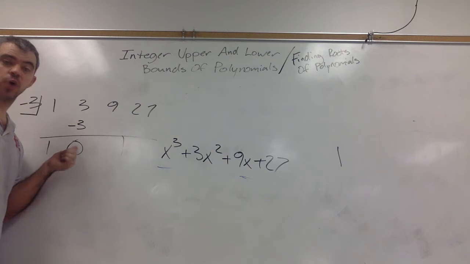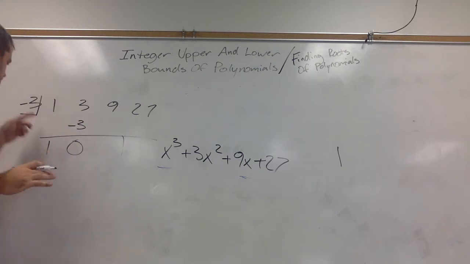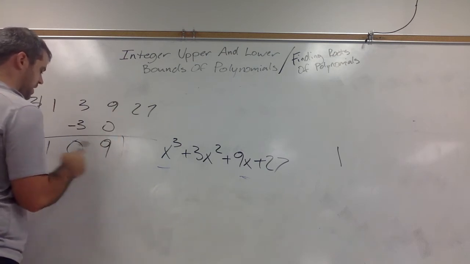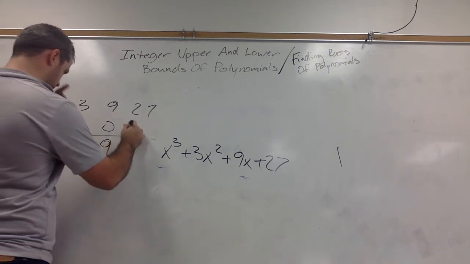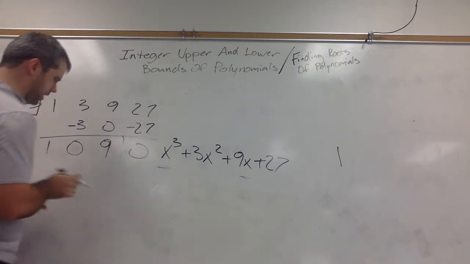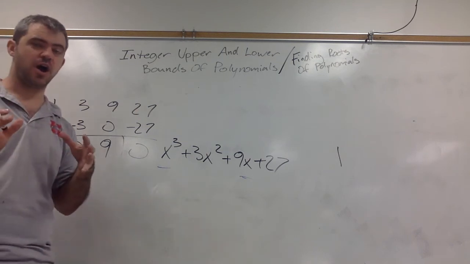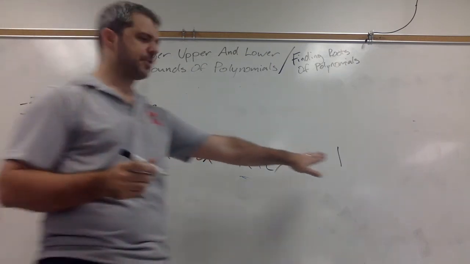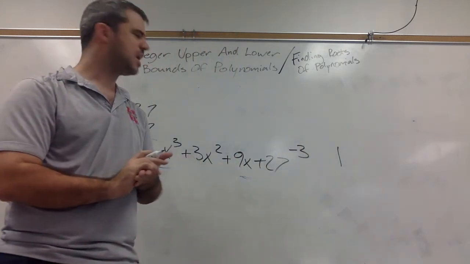Now 0 is okay, all right? 0 counts as a sign change. We get 0, 9, so positive, negative, positive. Did I guess well here? All right, so it appears this is a lower bound. Okay, so our upper bound is 1, our lower bound is negative 3.